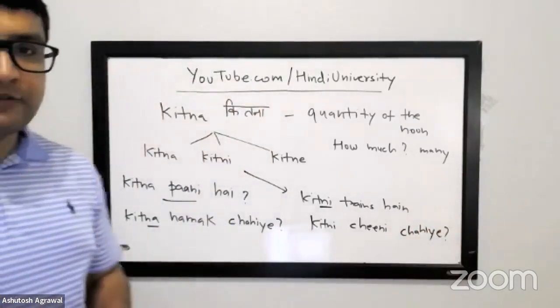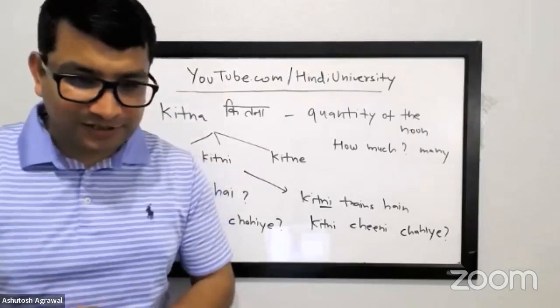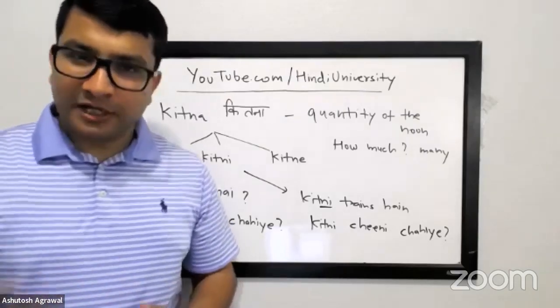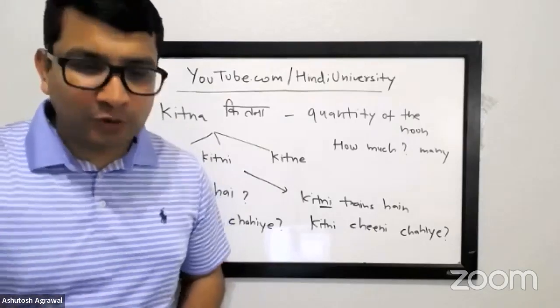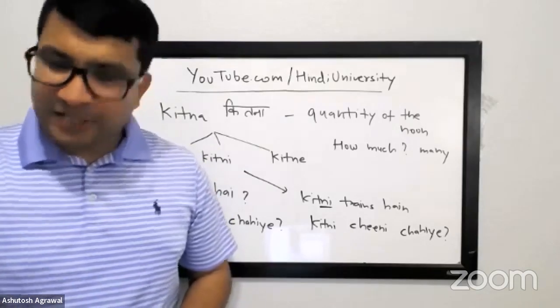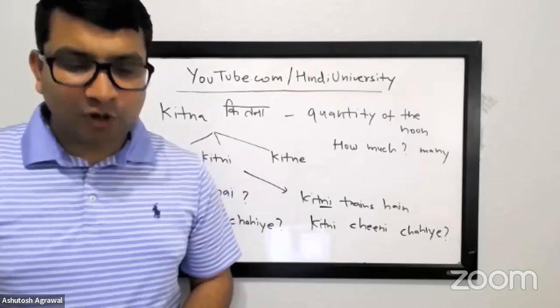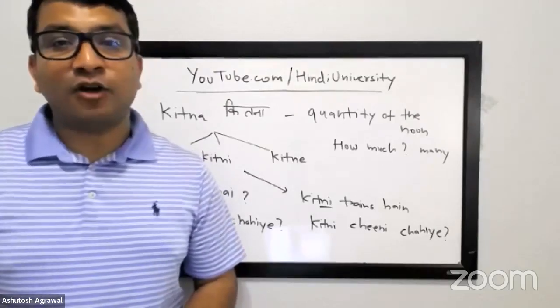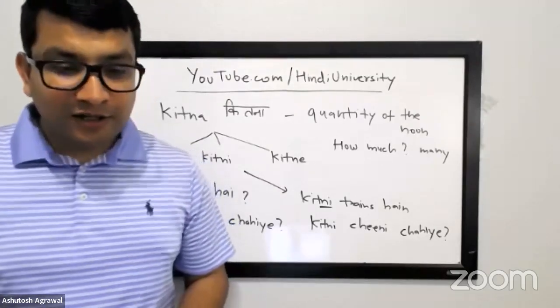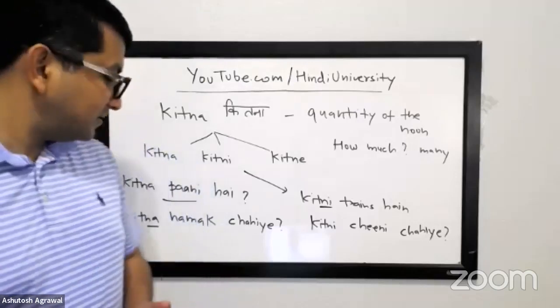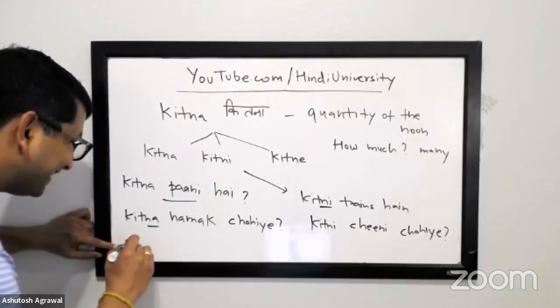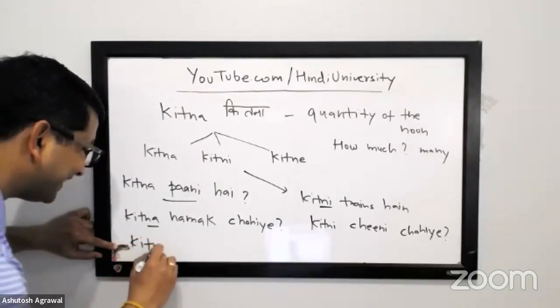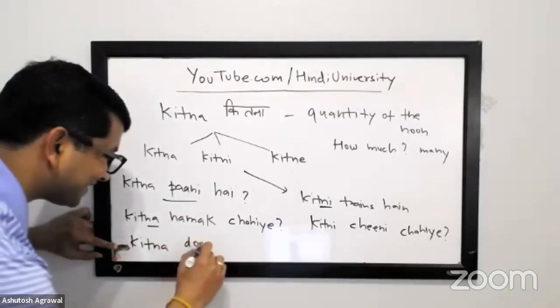Let's say you made tea for someone, your guest. They come to your house, you gave them the tea, and there's no sugar in it, and you're pouring sugar in it. Then you can ask kitni chini chahiye. Or let's say you're giving a black coffee and you want to pour milk in it, what would you ask? Oh God. Kitna doodh chahiye.